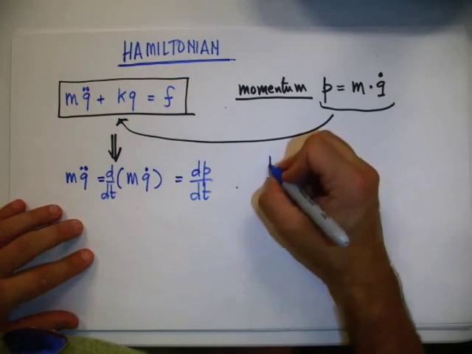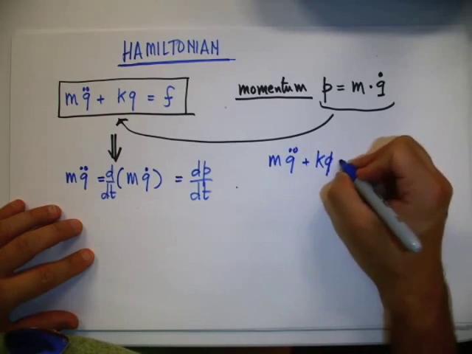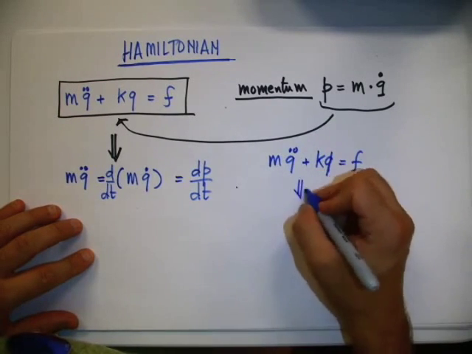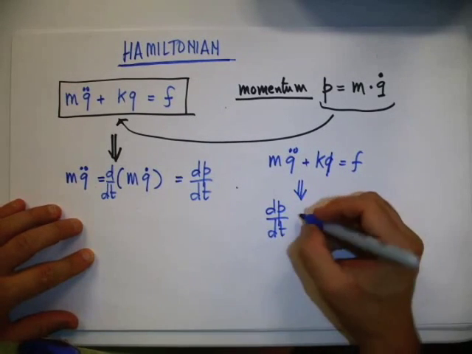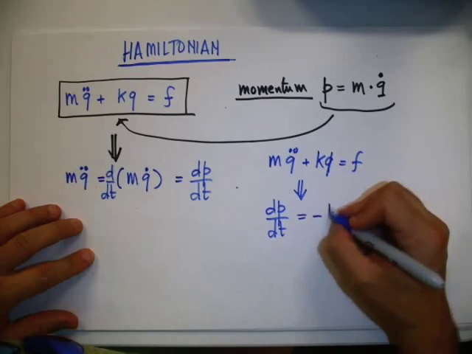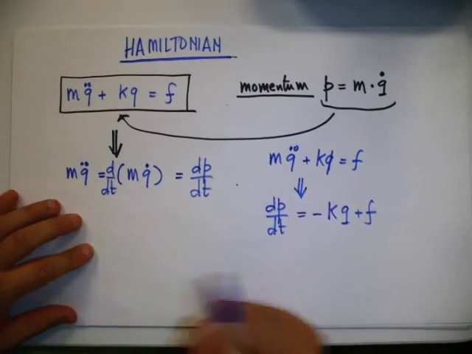So I can rewrite m q double dot plus k q equals f as dp dt equal minus k q plus f.